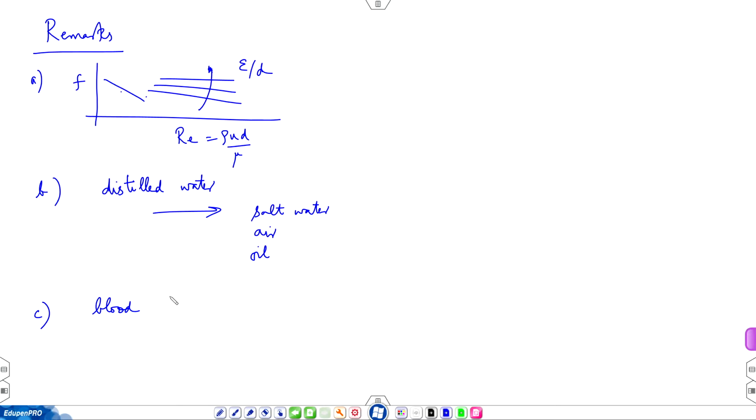Does it have a well defined viscosity? So, where does viscosity come from? It comes from our Newton's parallel plate experiment.